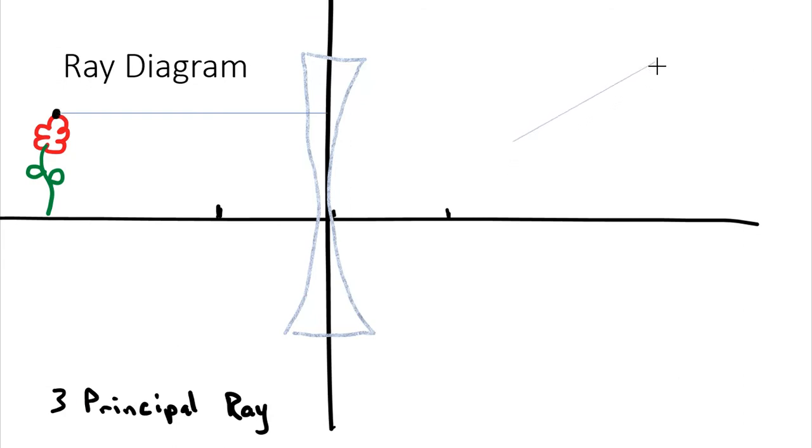And how does it get bent upwards? Well, I'm going to line it up, and then I'm going to shift it. It's going to get bent upwards such that it lines up with this focal point and keeps going this way. So this is how I know how to draw the line.